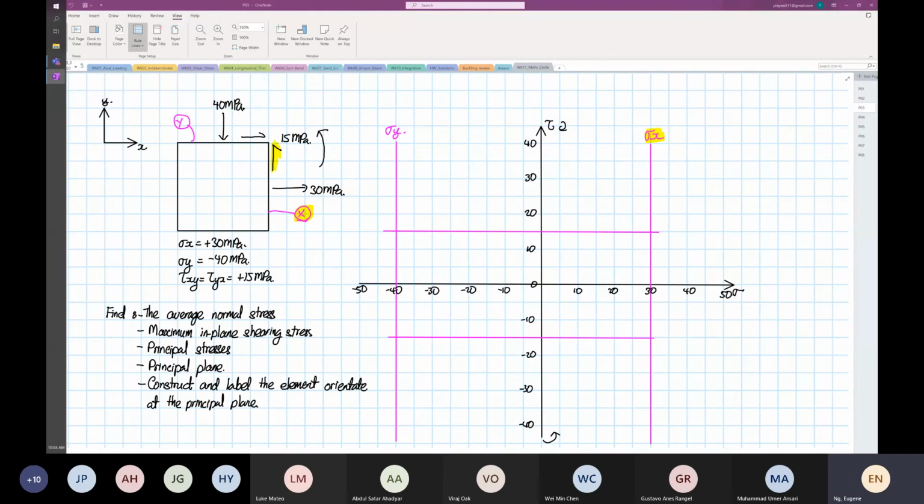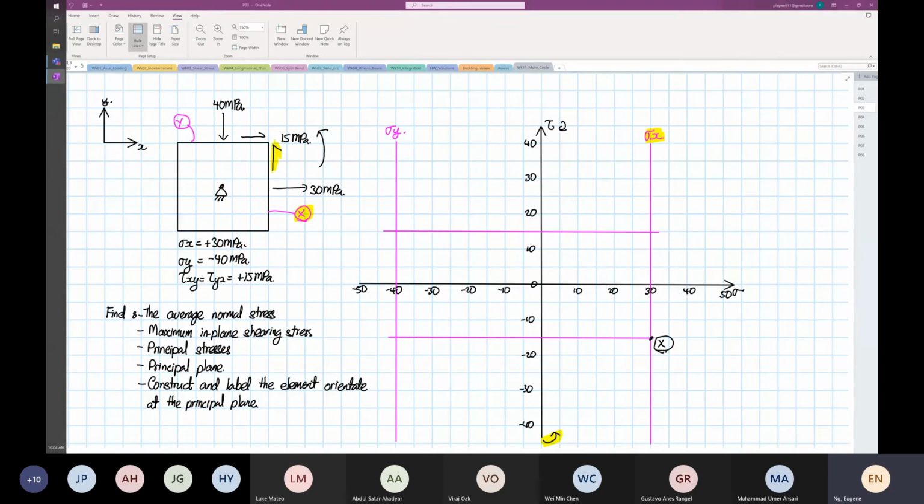Anti-clockwise direction if we pin the center. Okay, so if you put your finger at the center, imagine if the element can rotate, right? The 15 megapascal with the highlighted yellow in the shear will induce anti-clockwise rotation. So when that's the case, over here, so this is anti-clockwise, right? So when that's the case, point X is over here. Okay, that is your point X.